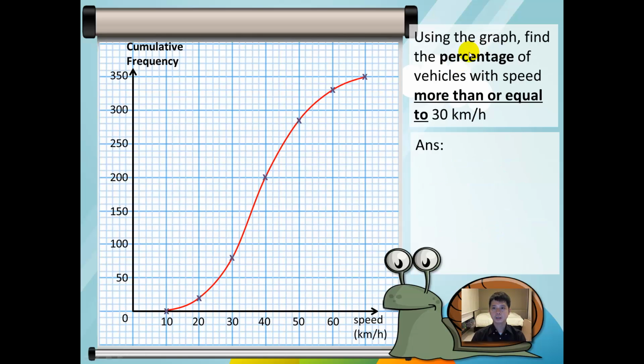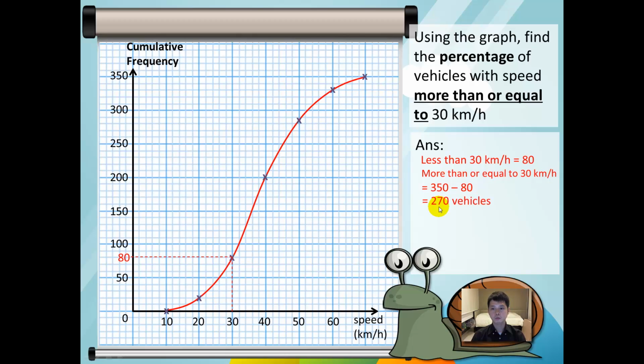Next, we are asked to find the percentage of vehicles with speed more than or equals to 30 km per hour. So what do 80 and 30 here represent? It represents we have 80 vehicles with speed less than 30 km per hour. To find the number of vehicles with speed more than or equals to 30 km per hour, yes, we'll take the total minus 80.